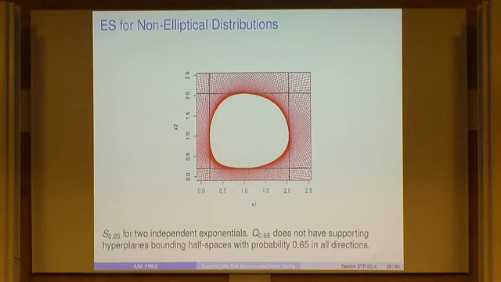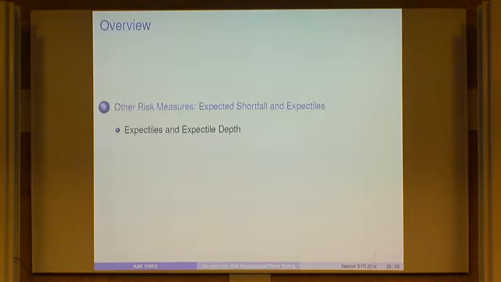So you get a nice match: these scenarios on the boundary will give you exactly the expected shortfall loss for different values of lambda, the portfolio weights. Expectiles you can also do. Once you've seen this, you realize that you can do it for any risk measure.